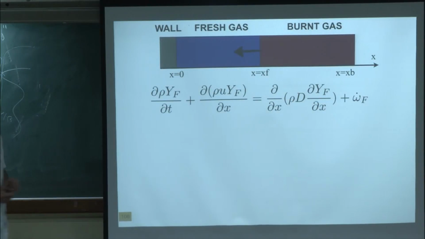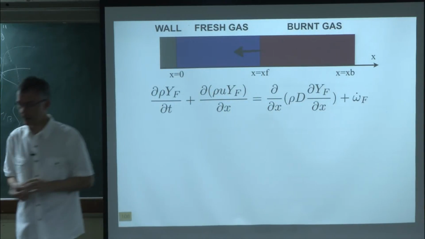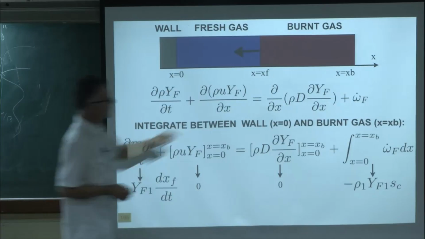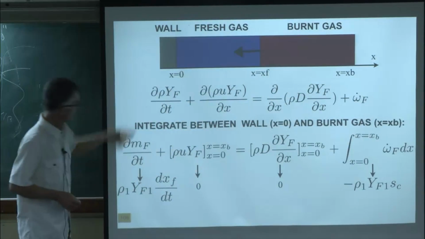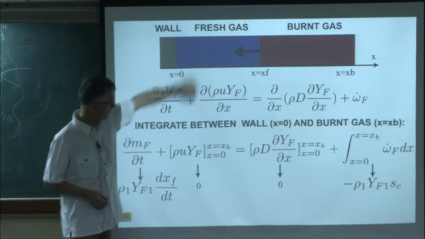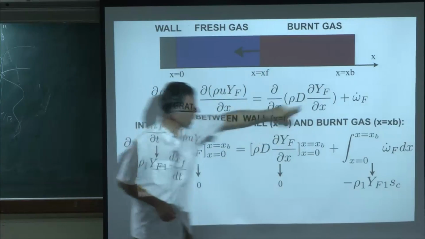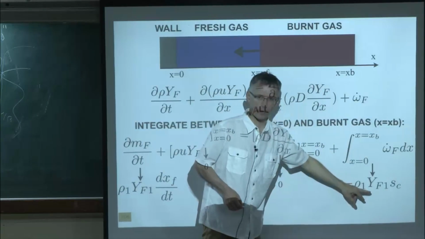Well, you can take the conservation equation for YF here, and you just integrate it from 0 to xb, where xb is this point here. So what does that give you? Well, this gives you the mass of fuel which is left in this box. This gives you diffusion fluxes, and this gives you the integral of the reaction rate. The integral of the reaction rate is the flame speed, the consumption speed.